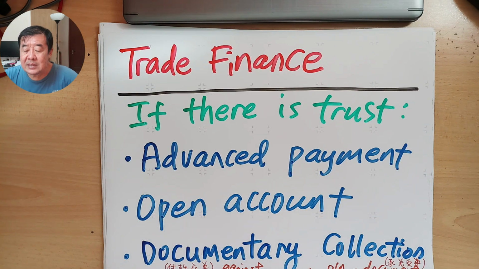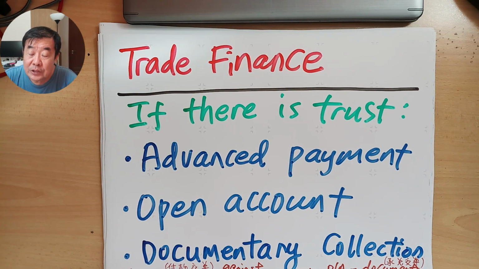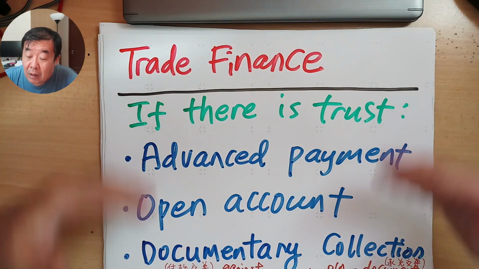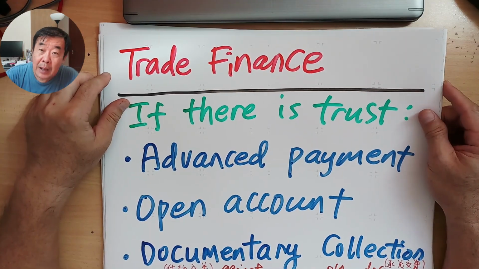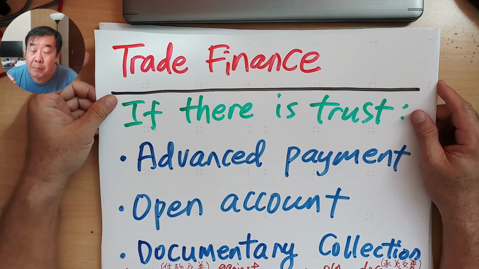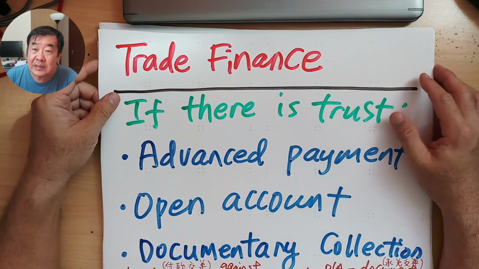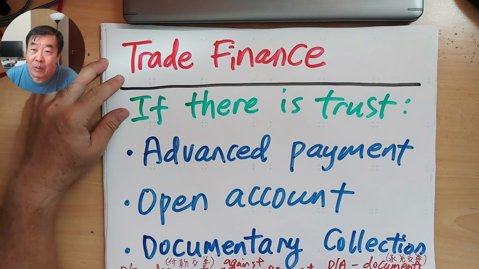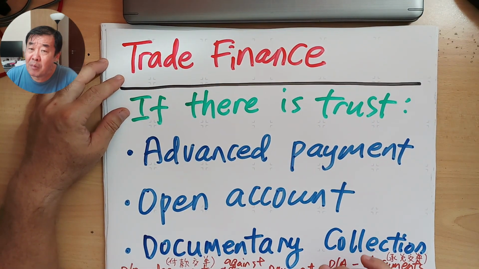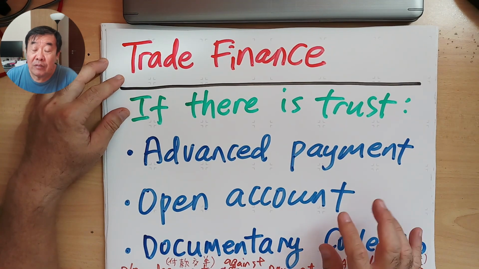So all these are mainly for when there is a very good relationship between exporter and importer. Maybe they have been doing business for a long time, so they trust each other. By going through this method, the cost involved will be much lower, because for trade financing, the bank will charge a fee in whatever role they play, whether they help you to issue a letter of credit, or any involvement of the bank needs a fee, or even interest costs if you borrow money from them.